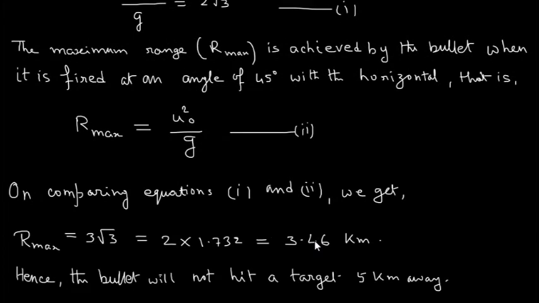On comparing equation 1 and 2, we get R max is equal to 3 root 3 is equal to 3 into 1.732 is equal to 3.46 kilometer. Hence, the bullet will not hit a target 5 kilometer away.